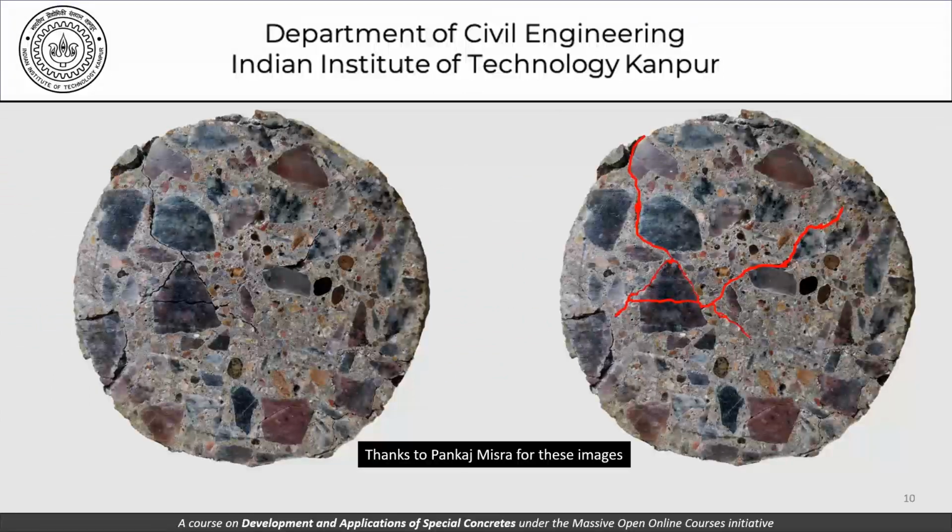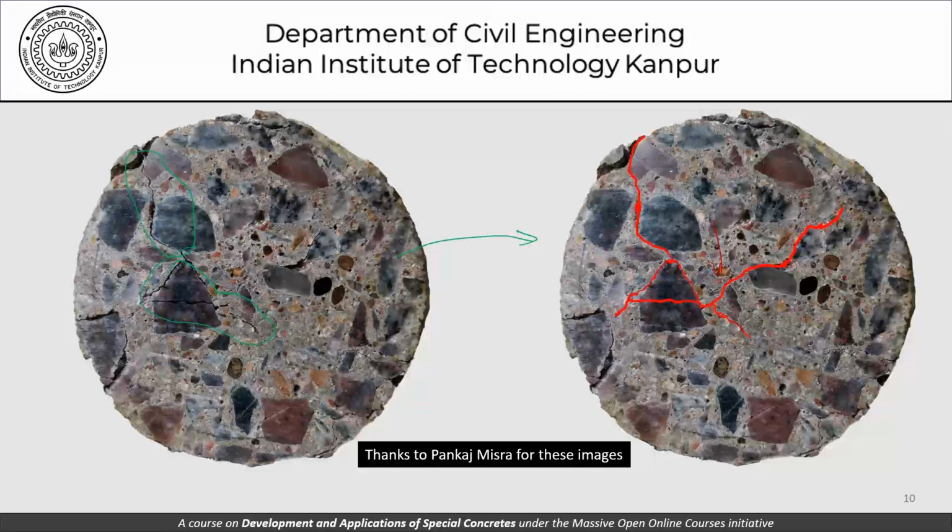Now let's talk about crack propagation and the load carrying mechanism as far as concrete is concerned. Here, this picture has been transformed into this picture, with the cracks which you can see being mapped using this red pen. So what do you see here?